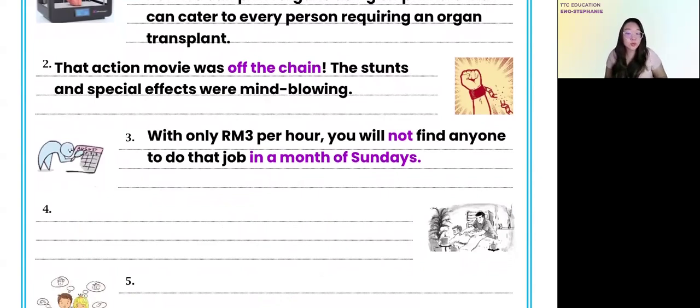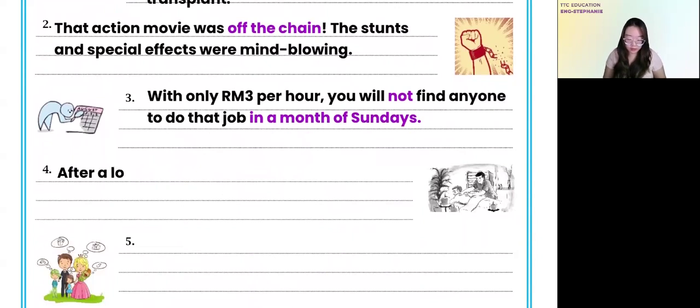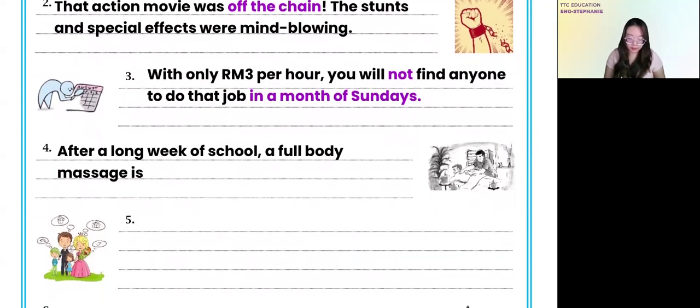Okay, moving on to the next one. We want to say the very thing, which means the exact thing that you need. Okay, you can say, after a long week of school, a full body massage is the very thing to suit my tired body.